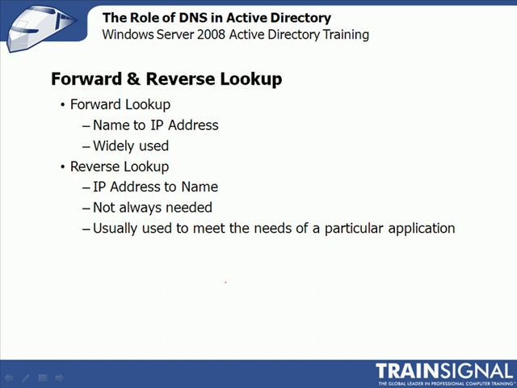Now, you might be thinking to yourself, wait a minute. Why in the world would I ever put in an IP address and then want DNS to tell me the name for that IP address? Well, there's not a lot of need, and that's why it's not always needed. It's usually used to meet the needs of a particular application. There are certain applications out there that have the need where it's not stupid humans anymore.